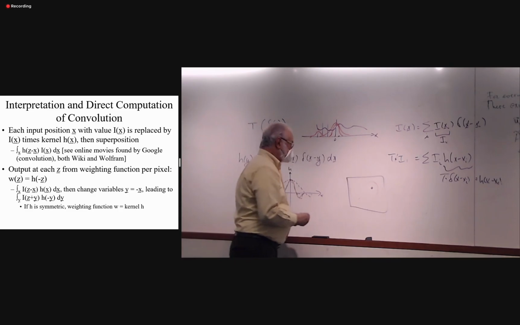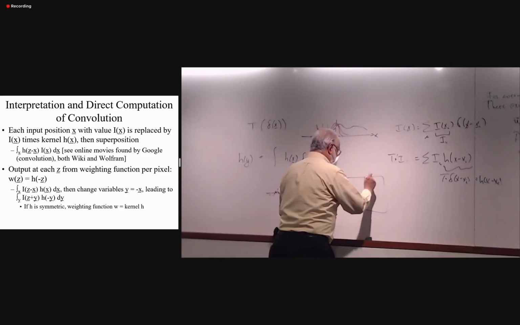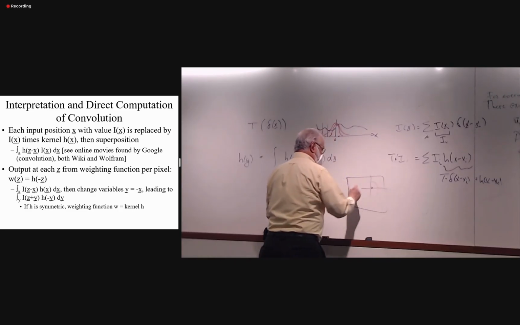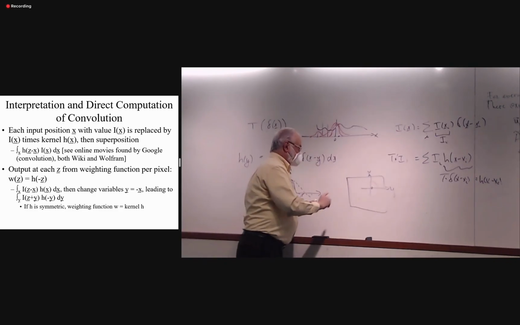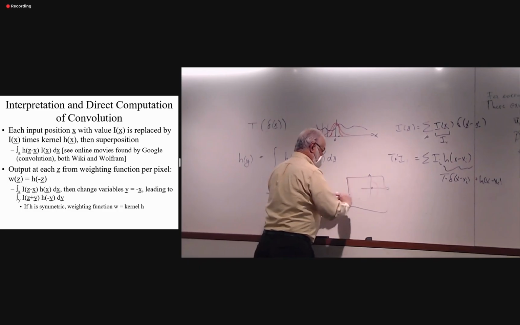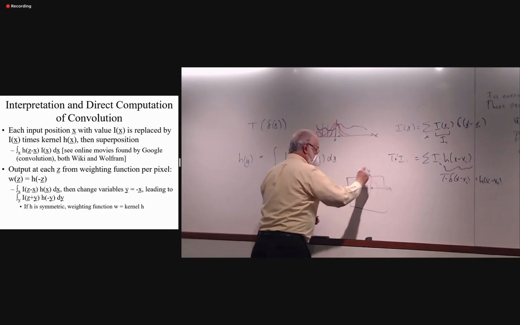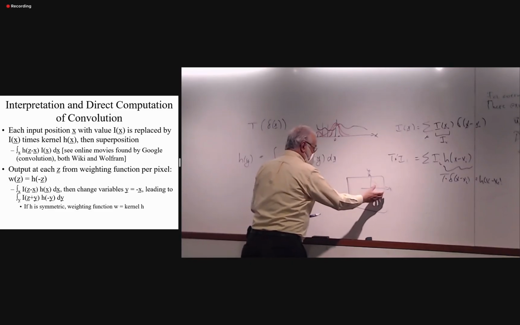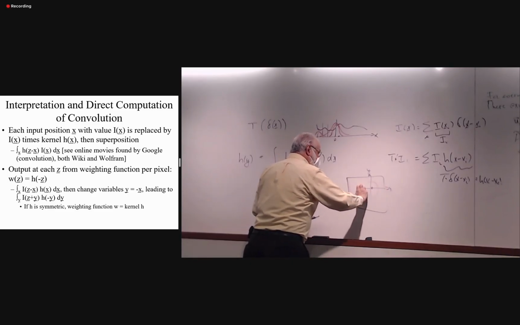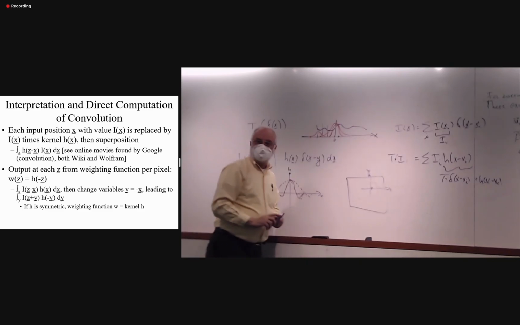And in 2D, what that means is you have to reflect not only, this is an image, so now this is x and this is y, although it doesn't matter what I call them. You have to reflect in x and reflect in y, about the origin.